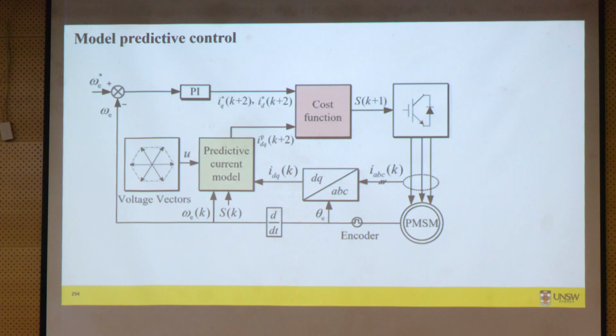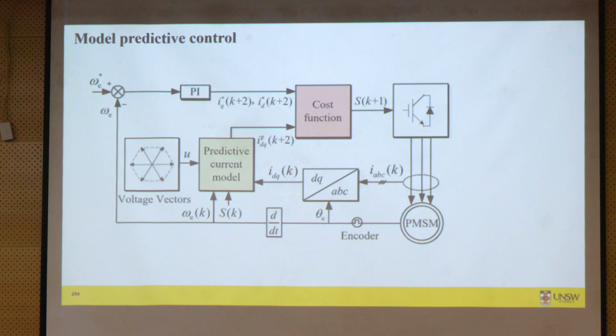Usually in MPC, you will be predicting the current one sample ahead and use a cost function to minimize the error between the reference current and the feedback current.